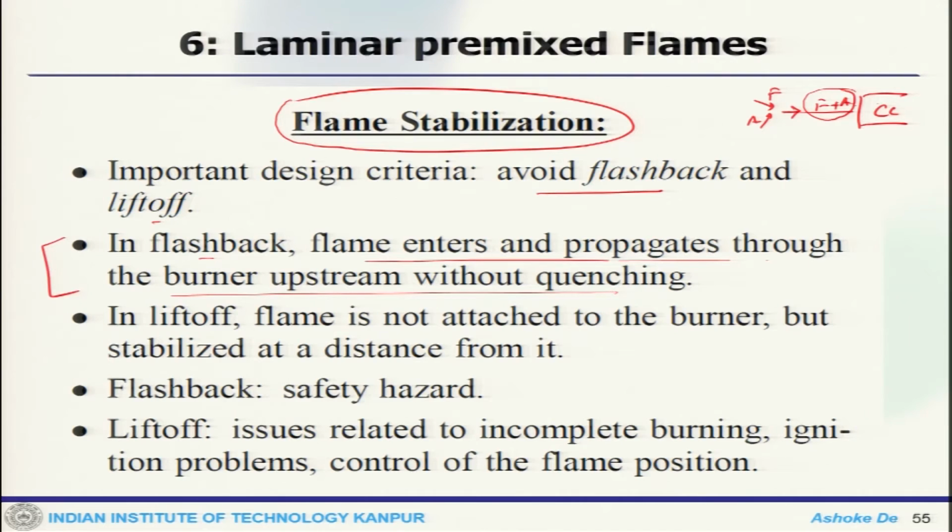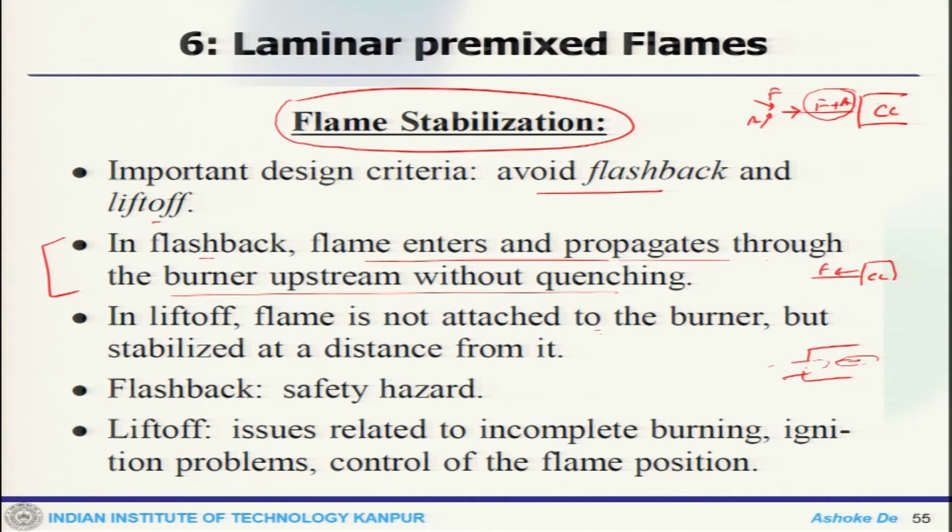So, this is what we have already seen. That means, this is my chamber and the flame actually goes there and sits there, which will make damage to those systems. And in lift off, flame is not attached to the burner, but stabilized at a distance from it. So, that means what happens? This is my system. If this is the burner, it is supposed to stabilize here, but due to lift off, it will stabilize like this.